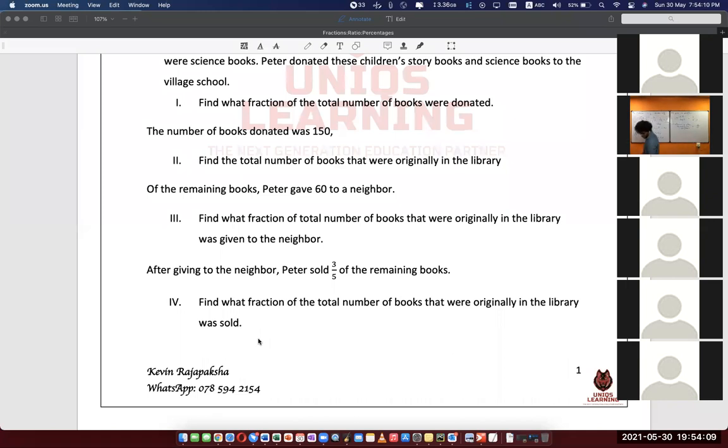So of that remaining, he sold 3/5 of the remaining books. How much did he sell? He sold 3/5 of 5/6, right? So that means simply multiplication. 3/5 multiplied by 5/6, we get 3/6, which is half. So he sold half of the original books.